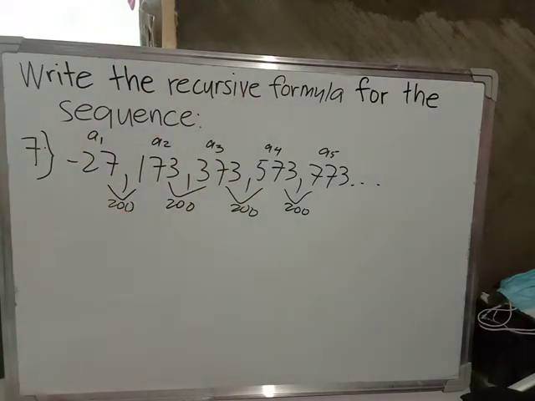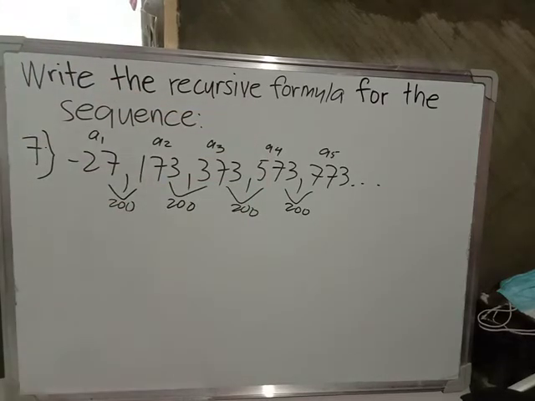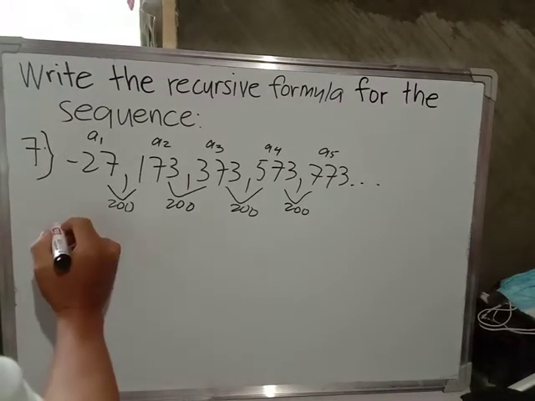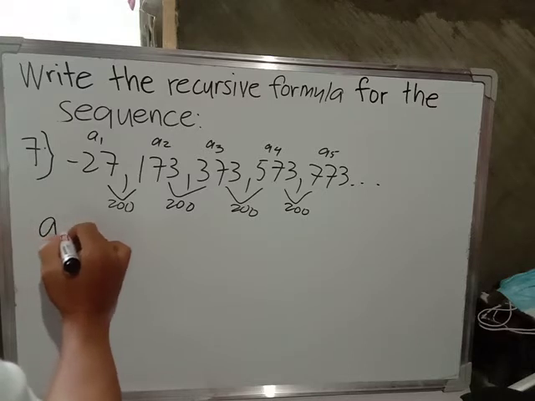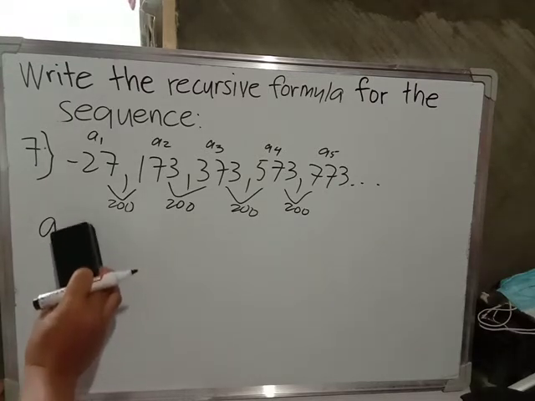Yun na dito, since common difference, pwede naman siya explicit formula, di ba? But since sa problem na to, ito ang instruction, write the recursive. Hanapan na natin ang recursive formula. Okay, a_n, since ito natin, a2 na lang natin before tayo mag-formula.